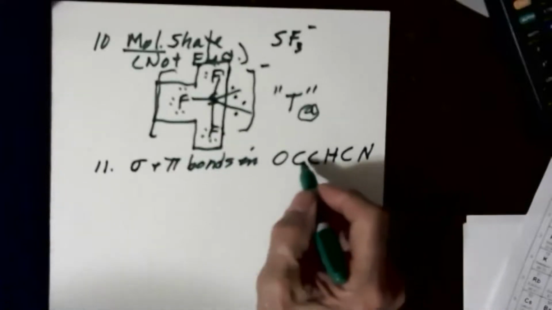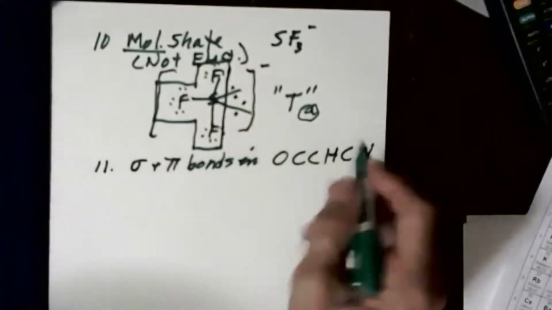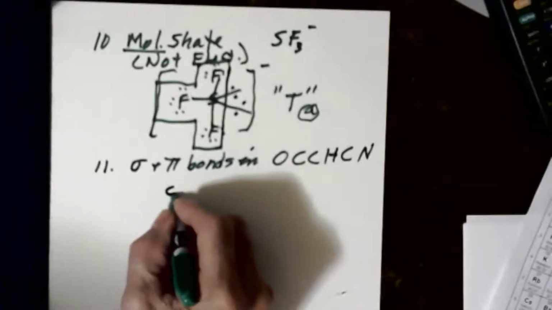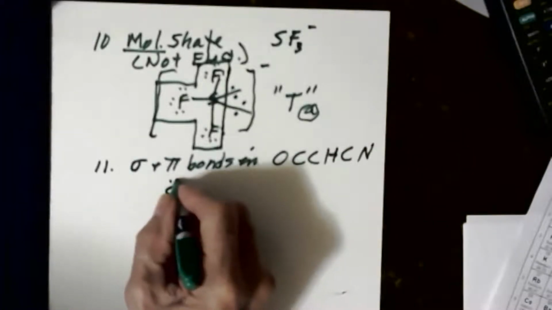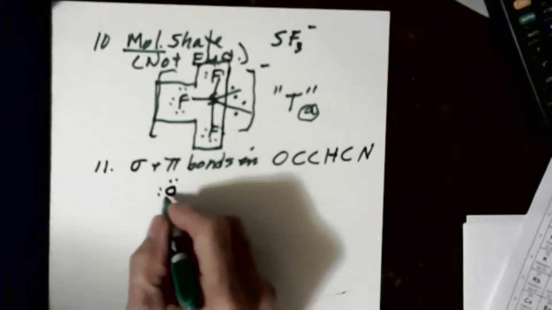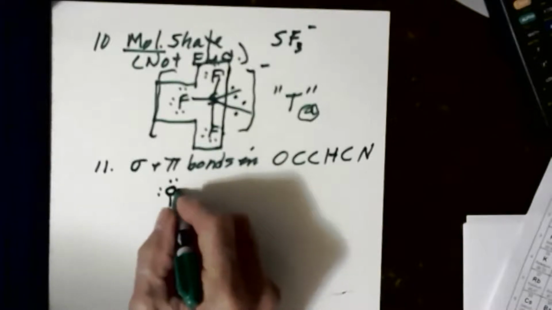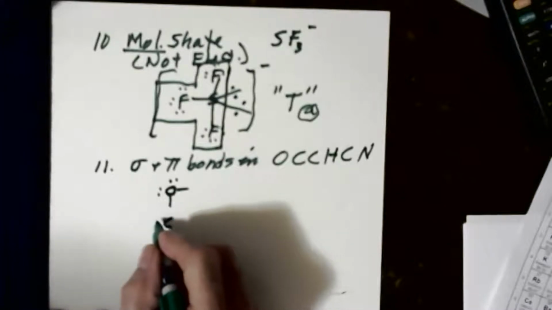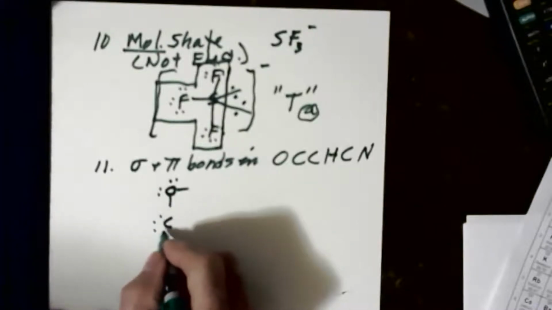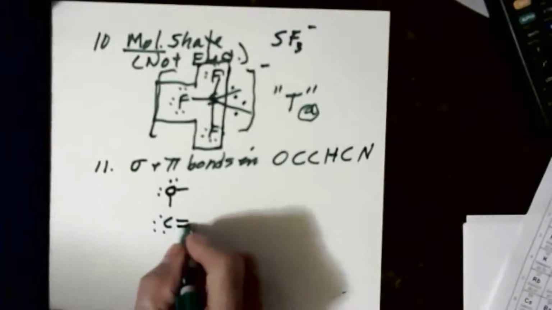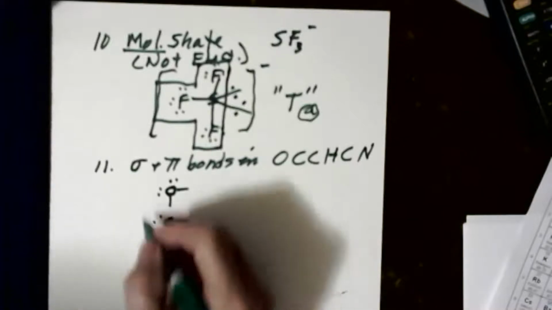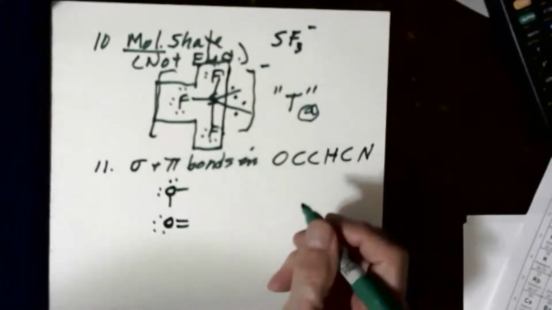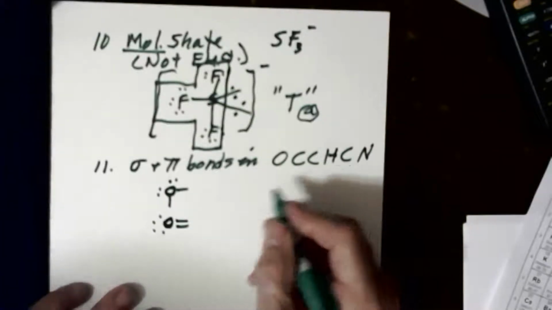And again, this is a structure like we did a while ago. We have to still use the rules. If I'm going to bond oxygen in an octet rule structure, it has to have 2 lone pairs and 2 bonds. So it could be like that, or it could be 2 lone pairs and a double bond for oxygen. That's the only two ways oxygen is going to be bonded.